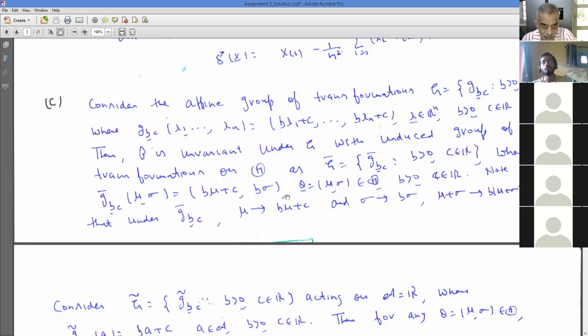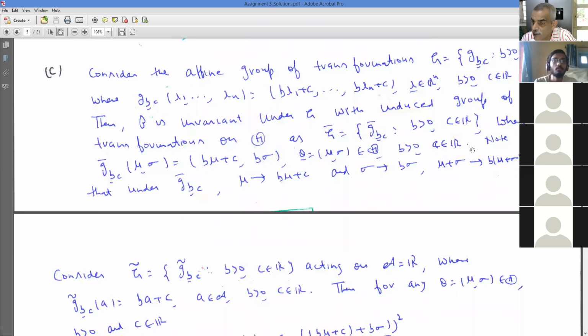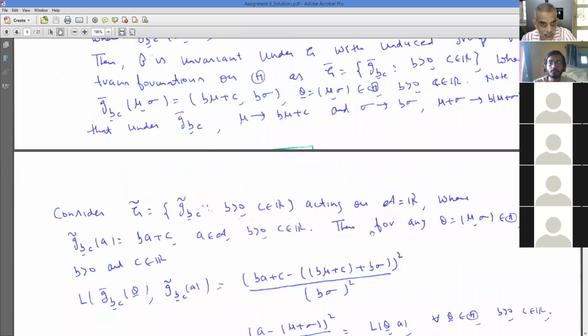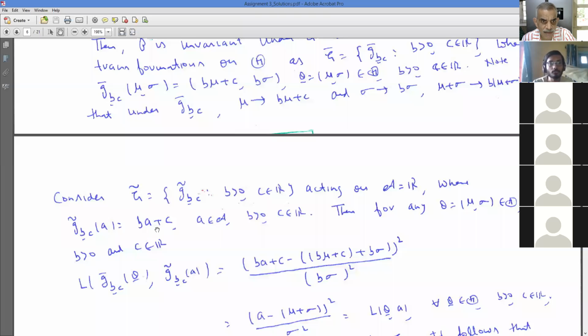So what I am trying to guess is what should be my G tilde group of transformations on the action space. So under G bar (b,c), mu goes to b mu plus c and sigma goes to b sigma. So where does mu plus sigma go to? Mu plus sigma would go to b times (mu plus sigma) plus c, which is the same as b times the earlier estimate plus c. That is why my G tilde (b,c) of a would become ba plus c.